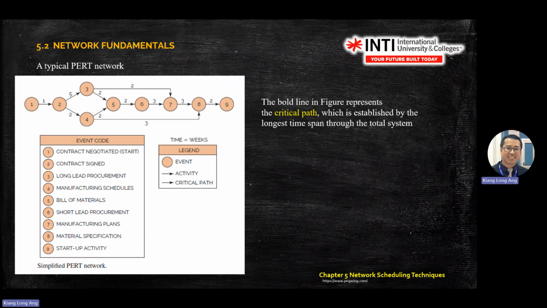Fourth, you calculate slack time. How to calculate slack time? You take LF minus EF. If you get a slack time of 0, it means it's a critical path member.